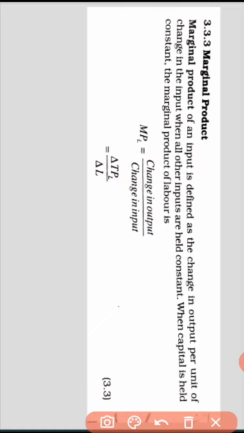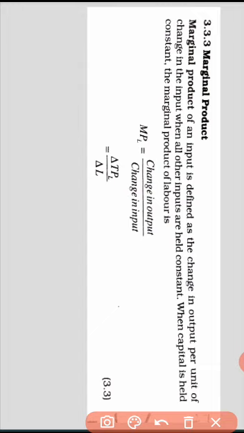Why are we not using capital in our formula? Because this is a short run formula. In short run, capital remains constant and labor goes on changing, as we studied in the short run video.